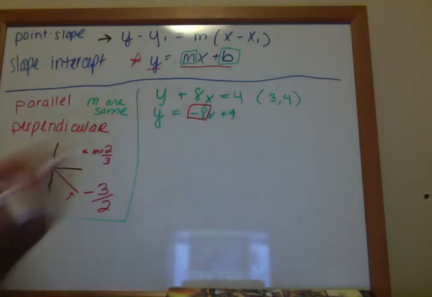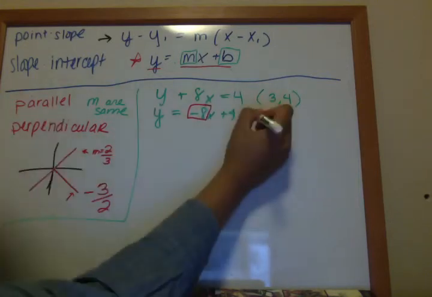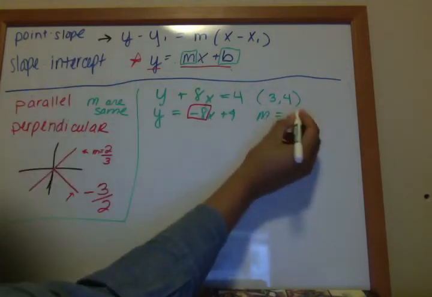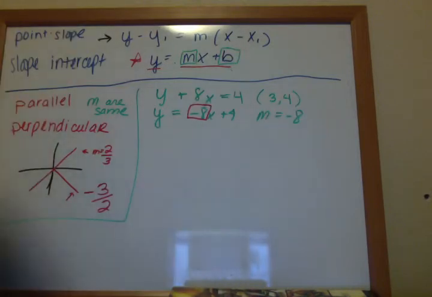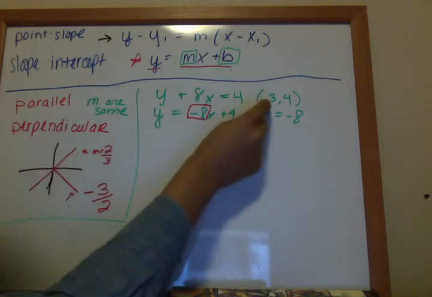So now you clearly can see the number in front of x is your slope. So you got m equals negative 8. Okay? So they want us to put it in point-slope form. No, slope-intercept. My bad.